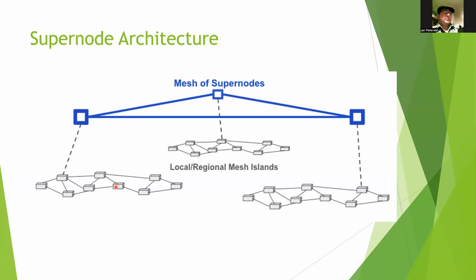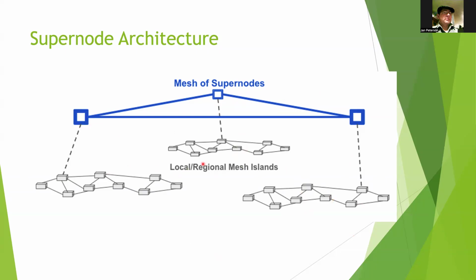So if I'm sitting here and I say, oh, what services can I see? I'm only going to see the services that are here, but I will see my supernode. So if I think, well, gee, I wonder if there's a service that I'm looking for that isn't on my local mesh, I can ask my supernode and he knows everything that's running in the entire network, right? So he can give me back a list of services that are running out in all of these guys.